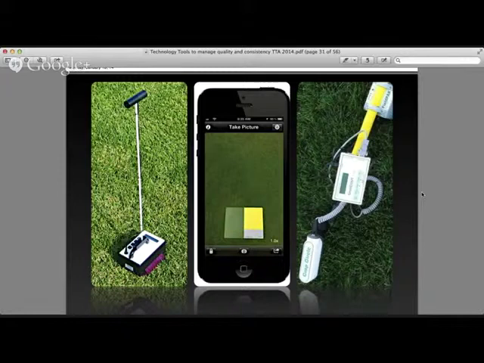The nice thing about this is that it's basically been derived out of the same type of technology that researchers like myself, particularly Doug Karcher, who developed a lot of this technology at the University of Arkansas, used to take measurements out in the field. And so you can do very much the same thing.